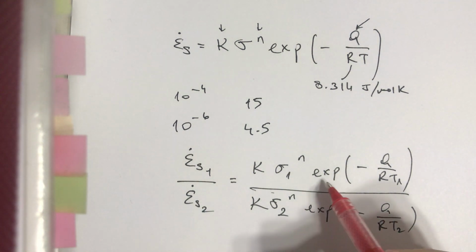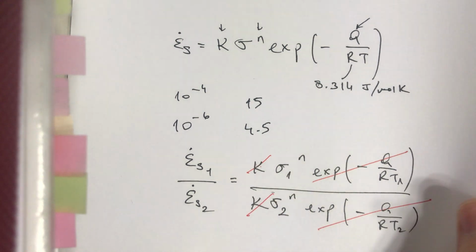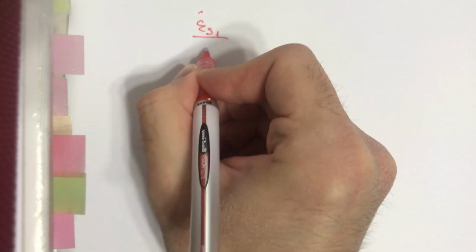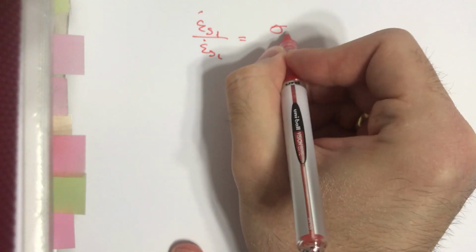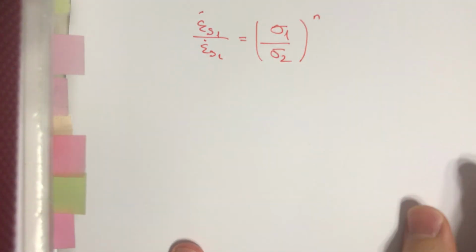These terms will cancel out, and we will have epsilon s1 dot over epsilon s2 dot equal to sigma 1 over sigma 2 to the power n.